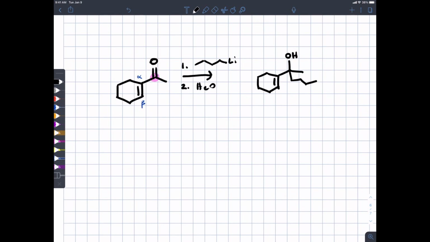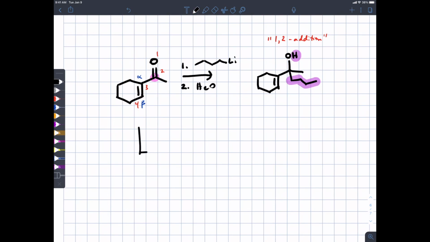By the way, this process is sometimes called 1,2 addition, because if this is carbon 1, 2, 3, and 4 of your alpha-beta unsaturated carbonyl compound, the things that get added in the reaction are added to positions 1 and 2. I don't ever call it 1,2 addition, but sometimes people do.